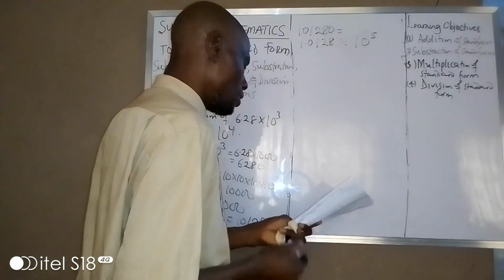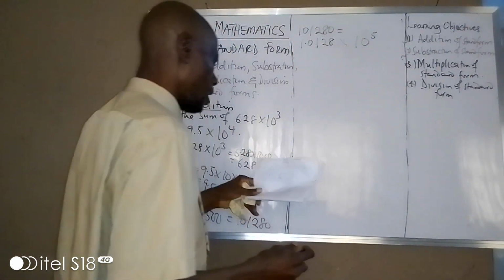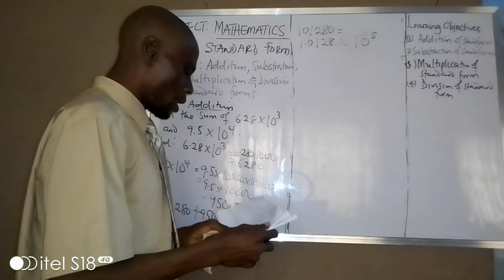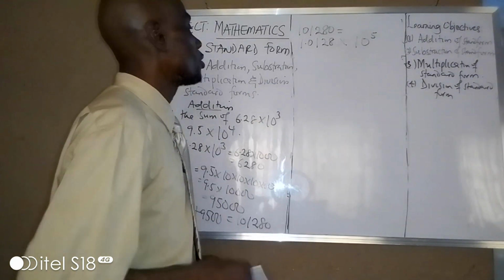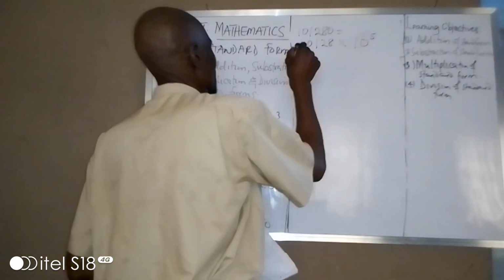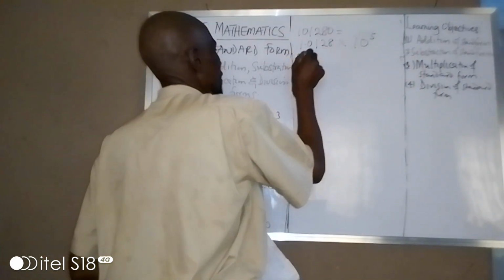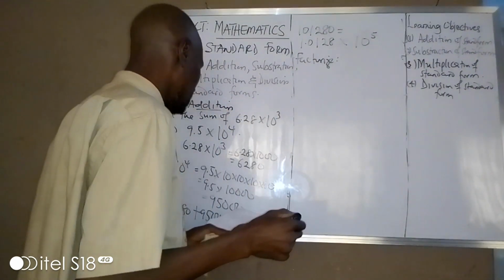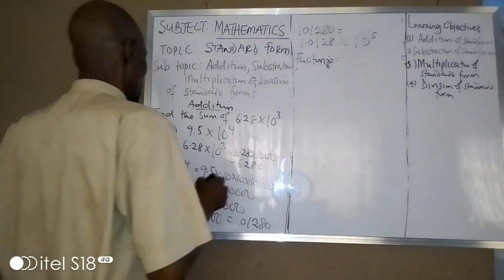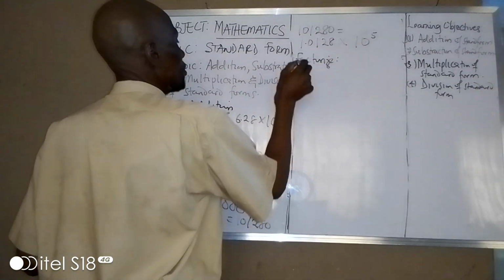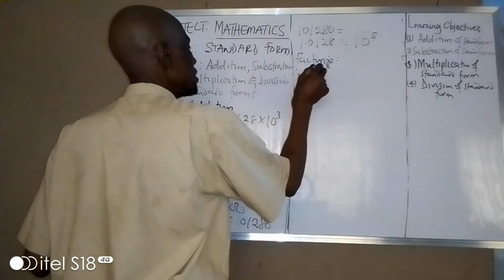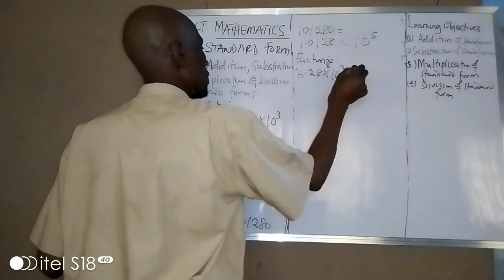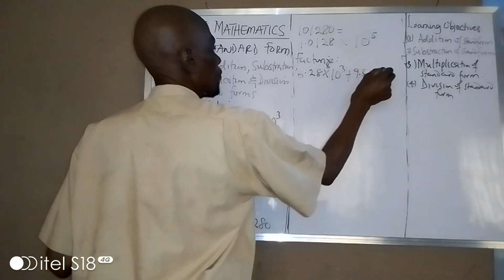So that's how to add standard form numbers using the ordinary form. What about the second method? You can factorize. What do we mean by factorize? What they give us again is 6.28 times 10 to the power 3 plus 9.5 times 10 to the power 4.